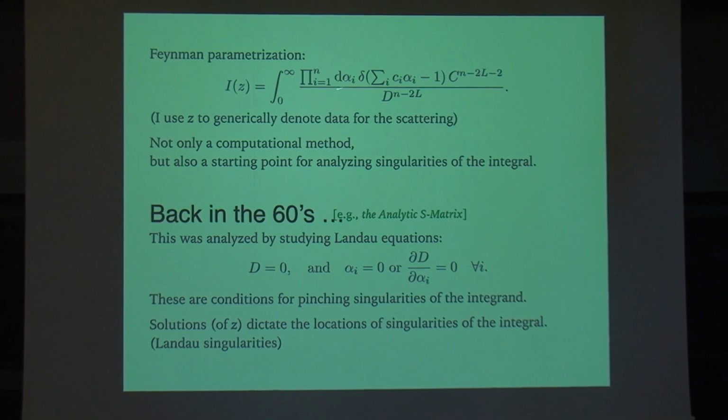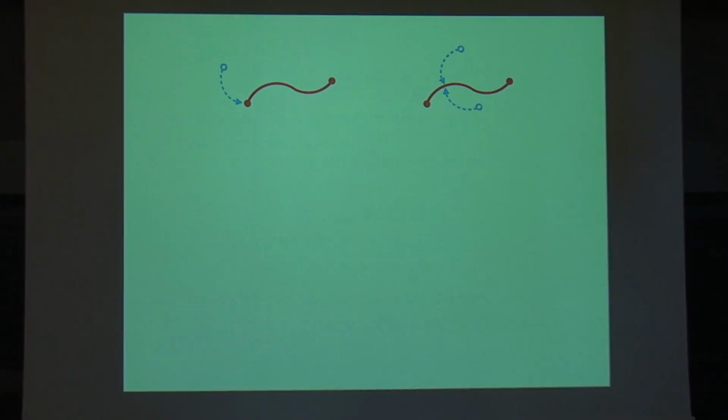The i denotes the different alpha parameters. Either the alpha i has to be 0 or the derivative of D with respect to alpha i has to be 0. So what this equation does, roughly speaking, is describe the condition for pinching singularities of the integrand.